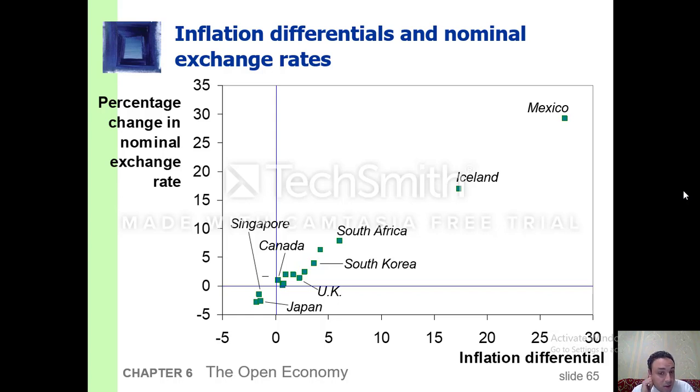So this figure also shows a very clear relationship between the inflation differentials and the rate of the dollar appreciation. The higher the country's inflation relative to the United States inflation, the faster the US dollar will appreciate against the country's currency, as you can see here. For some countries, for example Japan and Singapore, we can see they are on the left side, below 0.